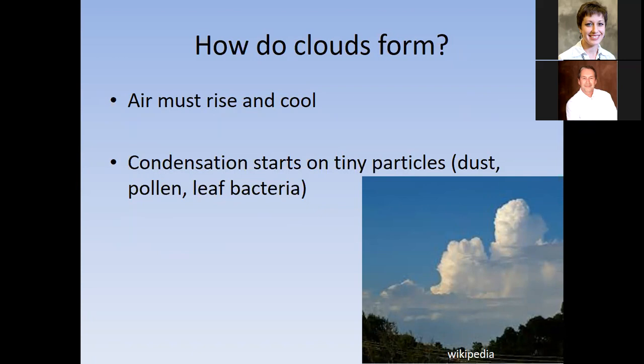And then just like a hot air balloon, you have these bubbles of air that are warmer than the air around them, and they'll start to rise up. So you've got all these invisible bubbles of air that are slowly rising up. As they rise up, those bubbles of air expand. And as they expand, they start to cool off. And typically, they're cooling off about 5.5 degrees Fahrenheit for every 1,000 feet they go up.